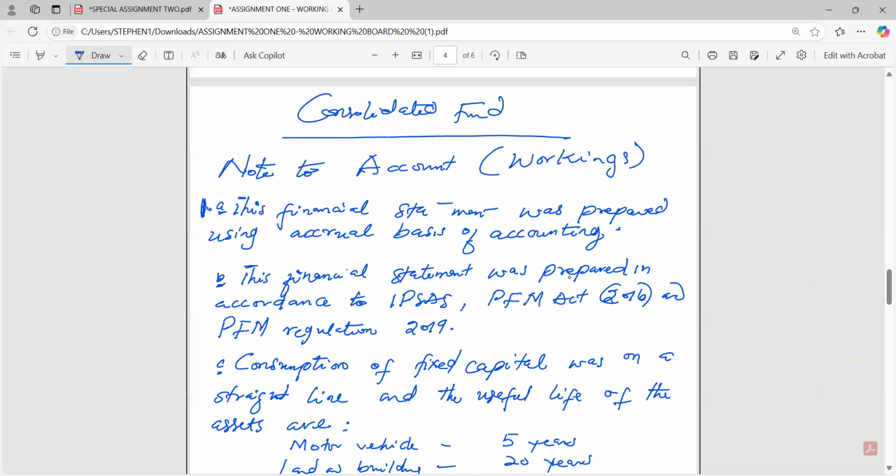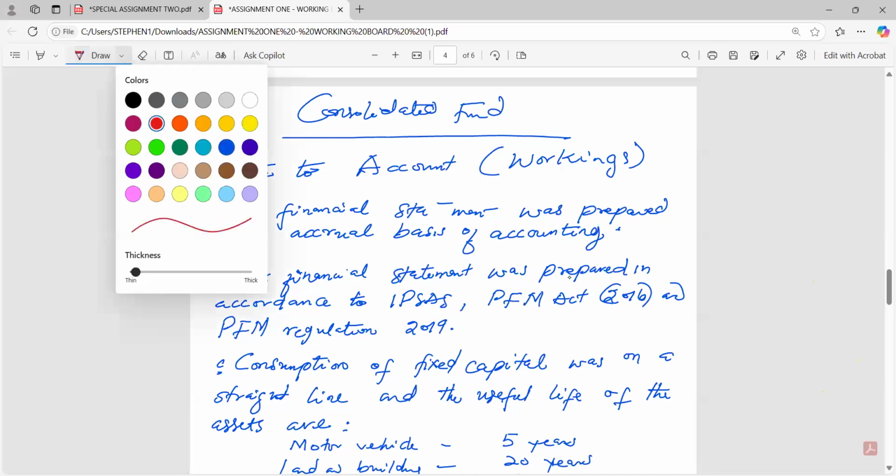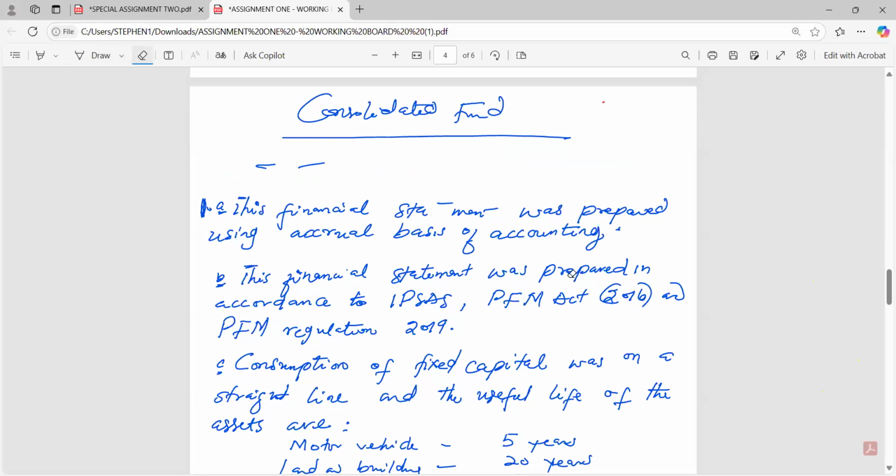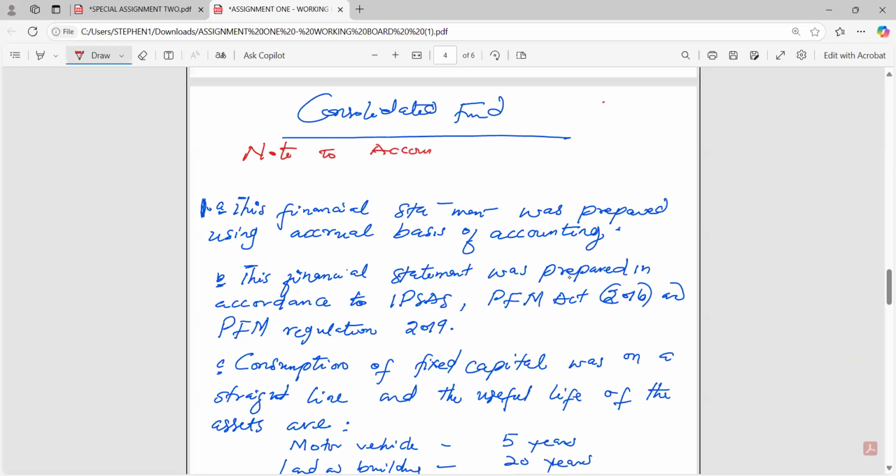So please, let me use a different pen, so that those who are joining us for the first time, I beg you, after you write note to account at the heading, the next that should follow is for you to tell them: note to account, bracket workings. The next thing that follows is to write all amounts are in Ghana cedis million.